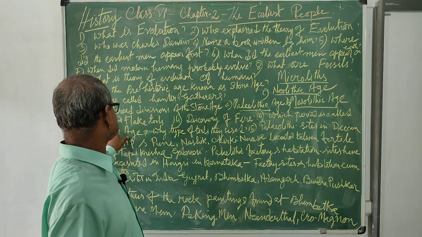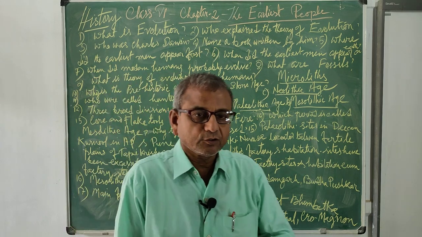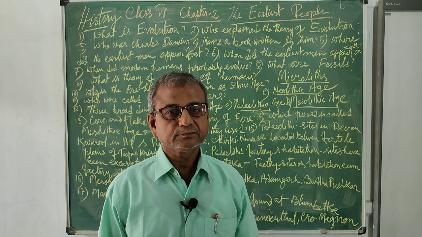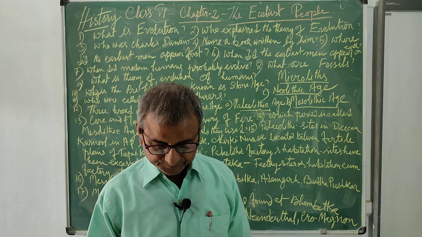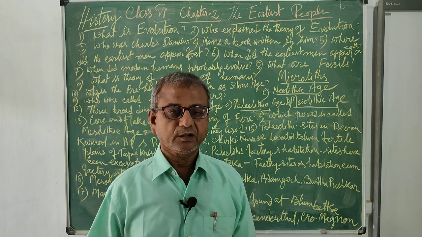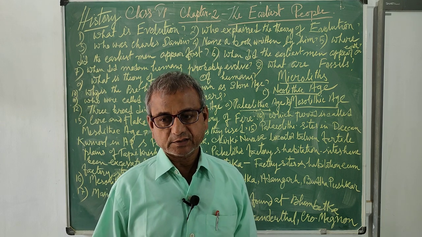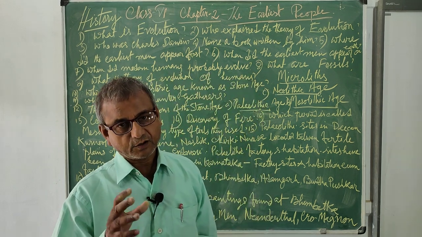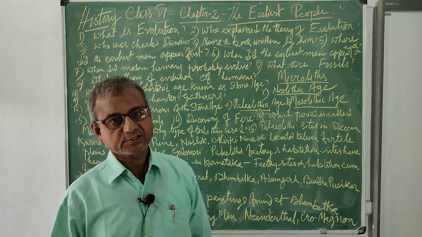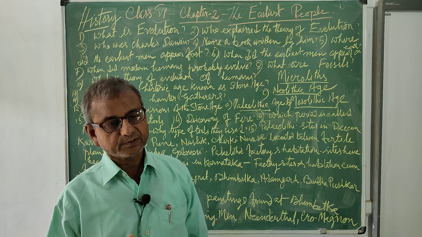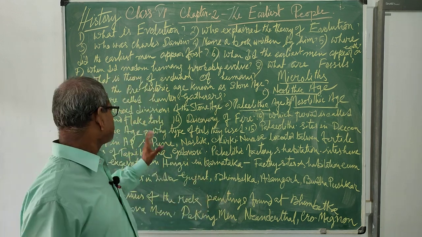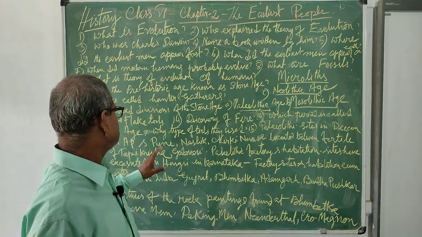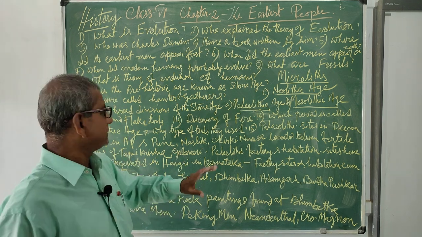Now, what are core tools? Core tools were oval shaped, and they were prepared by chipping off from rocks, small rocks and pebbles.